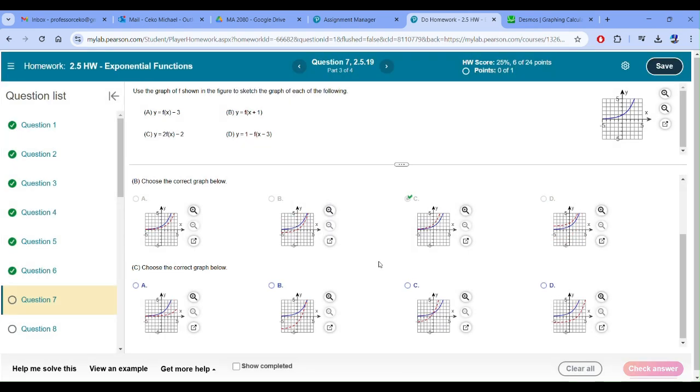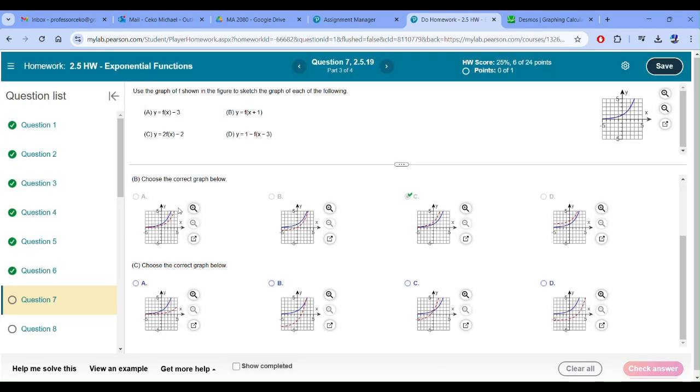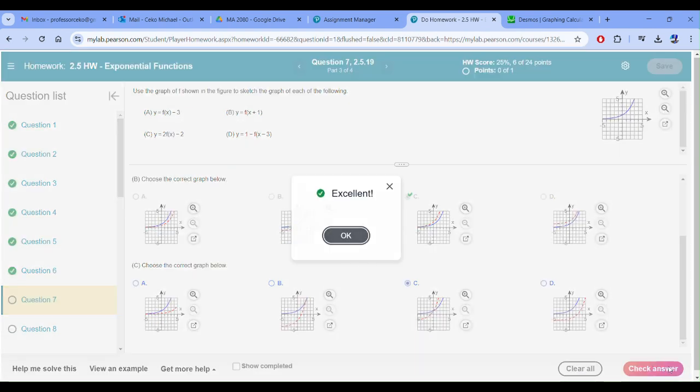What's C? Move it 2 units down. If I move it 2 units down, something along... No, I think it grows quicker. It's 2 units down and grows quicker. Looks like this. There you go. So these were both moved down 2 units.